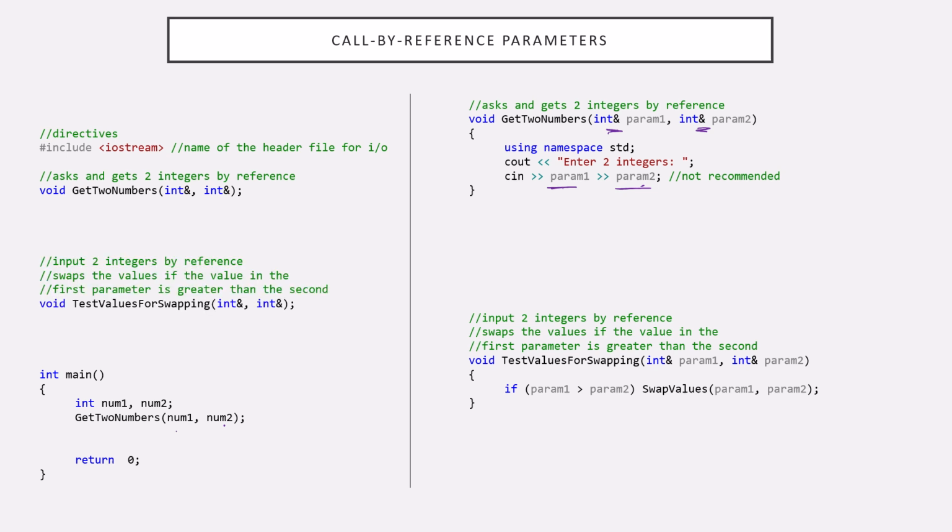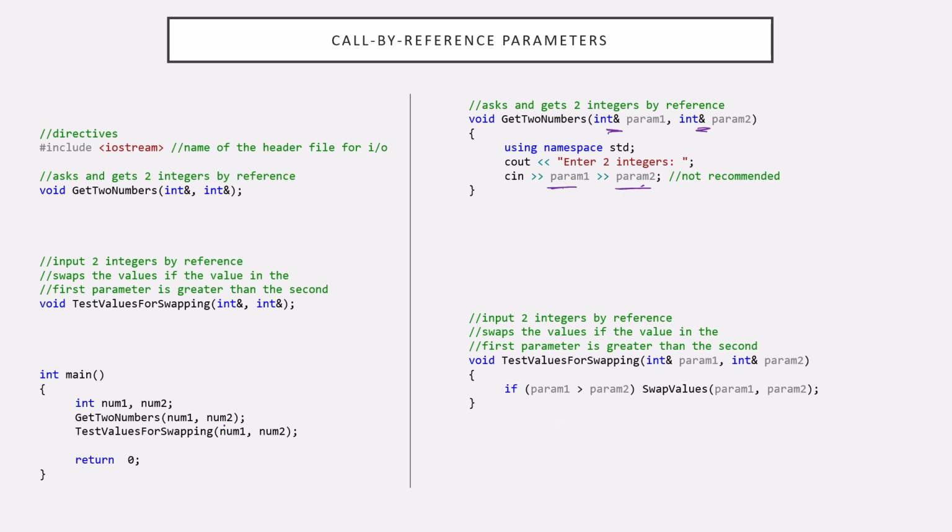Then we have the test the values for swapping. The test values for swapping prototype is here. We're going to call the test values for swapping. So again, say that they were 8 and 10, then 8 and 6 would come in here. We're going to check, is 8 greater than 6? And if it is, you're going to call swap values.